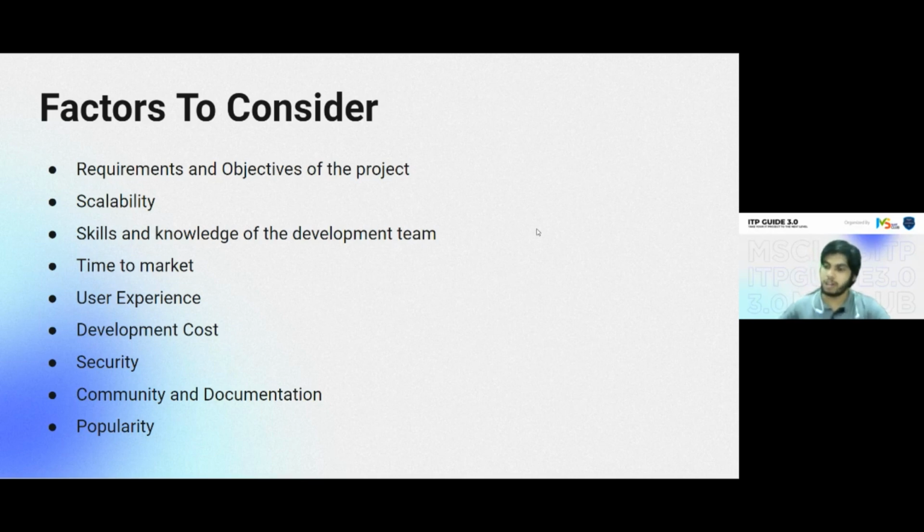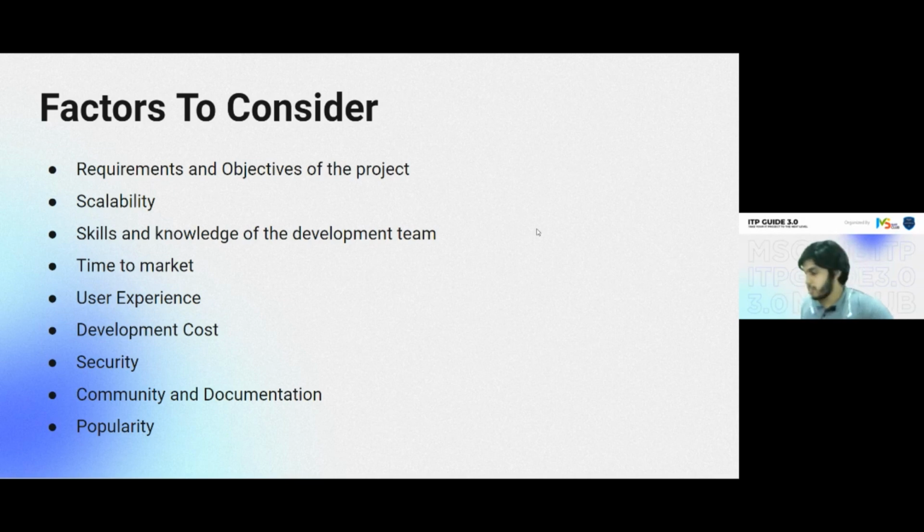So if you come across a problem, it would be much easier for you to find answers because there's a huge community behind React.js. If you go to Stack Overflow and ask your query, you will most probably get an answer quite quickly compared with a framework which has a very small community. So that is what I meant by community. It's quite an important factor as well.